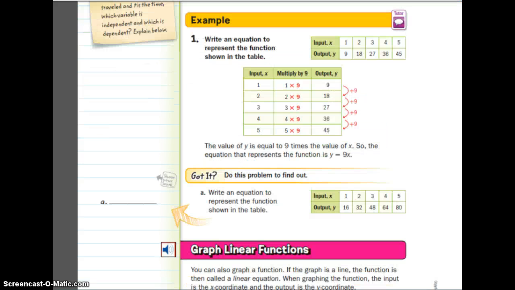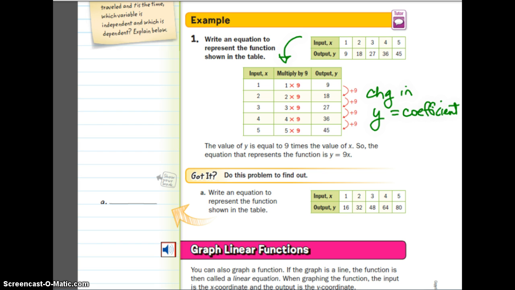All right, let's look at example number 1. Okay, so write an equation to represent the function. And again, notice that our function is horizontal and then they make it vertical. When you make your function vertical, it's easier to see the coefficient and the variable. So in this case, the change in y is your coefficient.